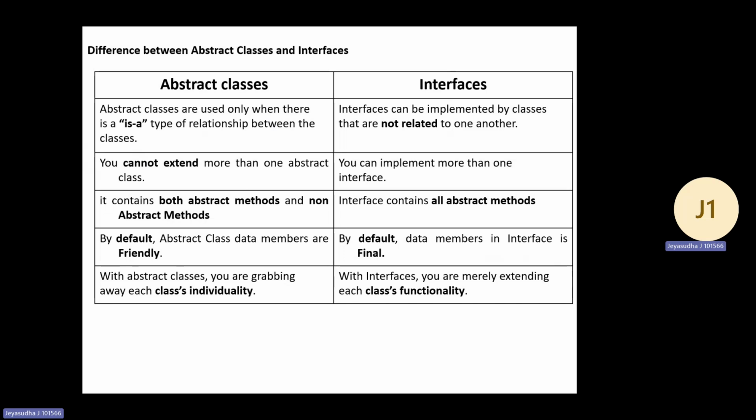But in the case of an interface, you always have abstract methods, which are without any definitions. And by default, as I have said, the variables will be final.